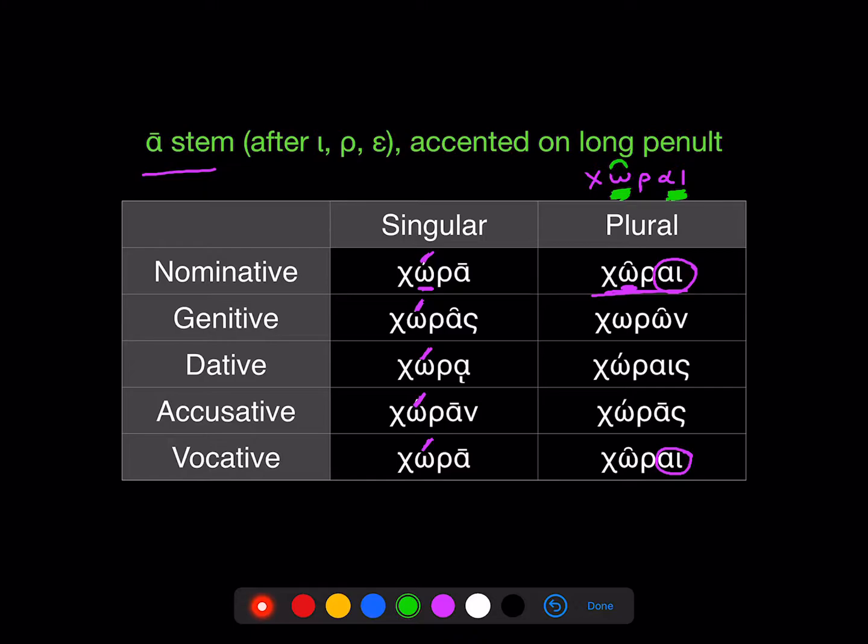Anytime that you have a word that's accented on its penult, where that's long, where the ultima is short, it's got to be a circumflex. So we have a circumflex there and there. And then, because it's a first declension noun, it's got a circumflex accent above the ultima in the genitive plural.